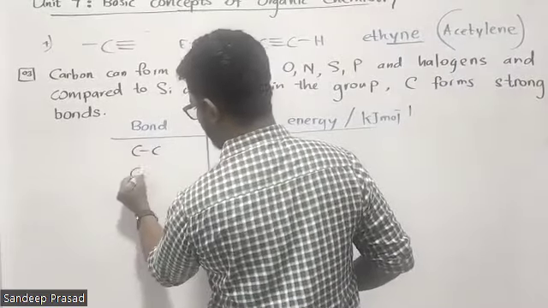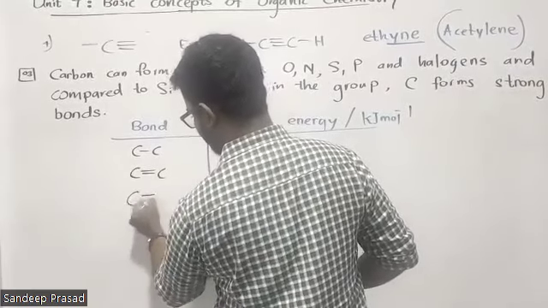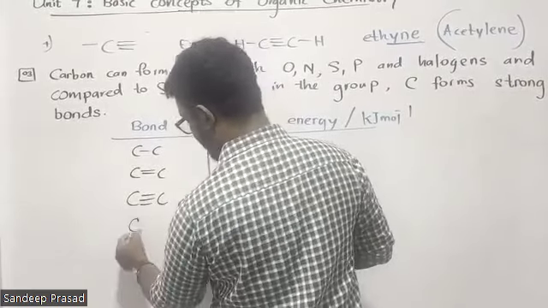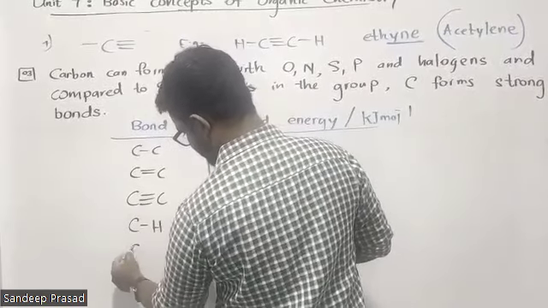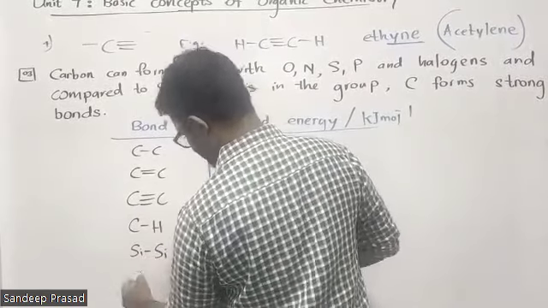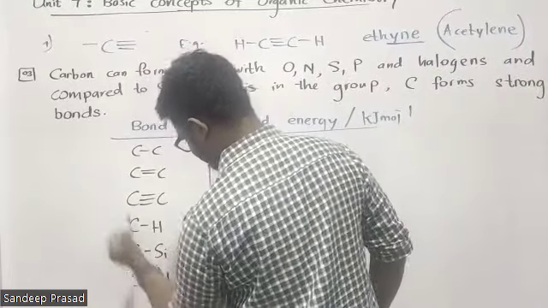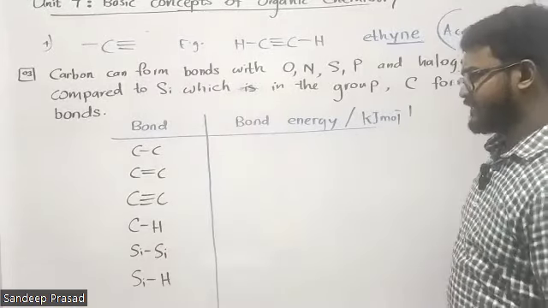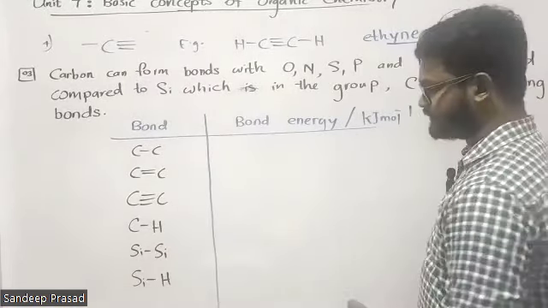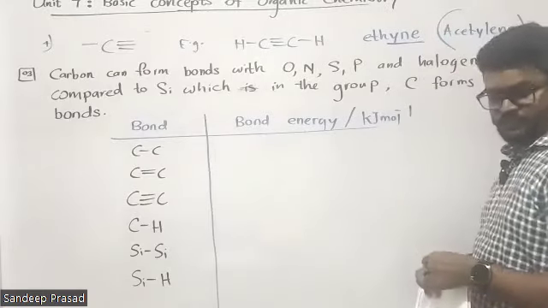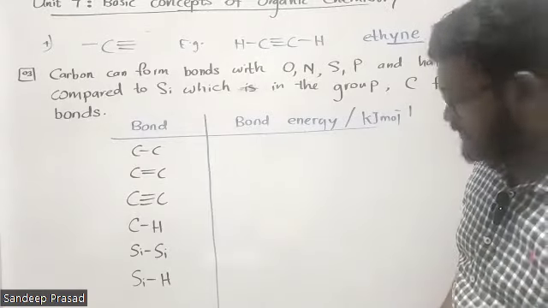Carbon-carbon single bond, carbon-carbon double bond, carbon-carbon triple bond, carbon-hydrogen bond, silicon-silicon bond, silicon-hydrogen bond, right? If you have the resource book with you, take it out and check the values that they have given.